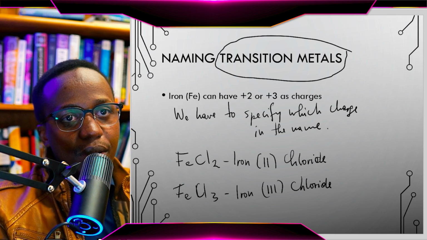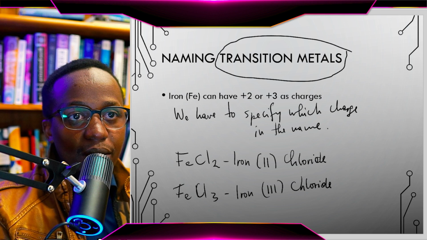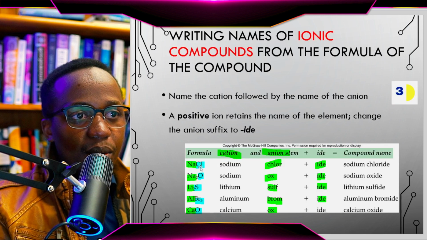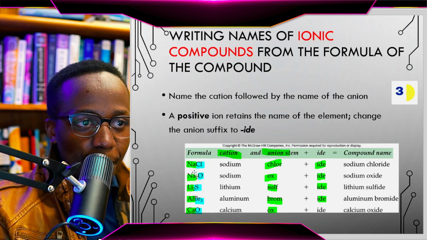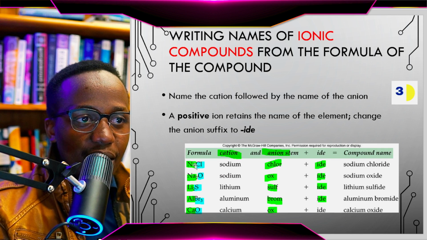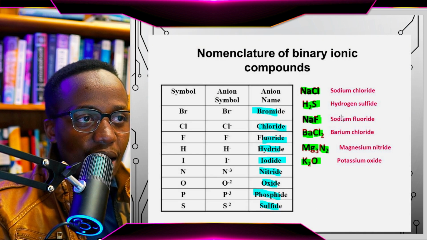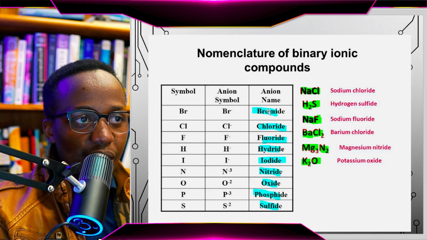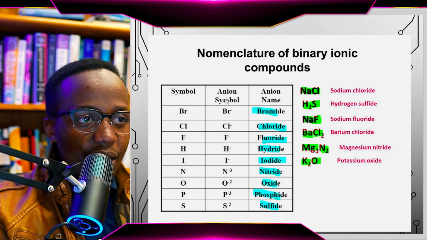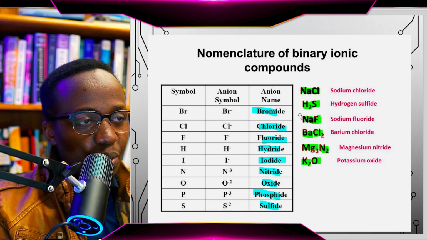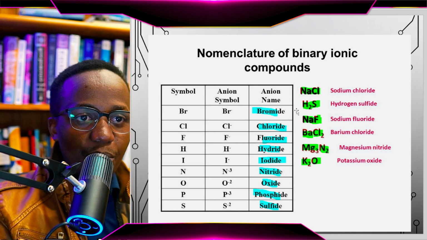All right? So that is how we name ionic compounds. Just to recap, we name ionic compounds by starting with the name of the metal and then the name of the non-metal. And the names of the non-metals are just these prefixes, and then you add the IDE, right? And because the non-metals are limited, we know all of this and we can just name all of this, no problem.